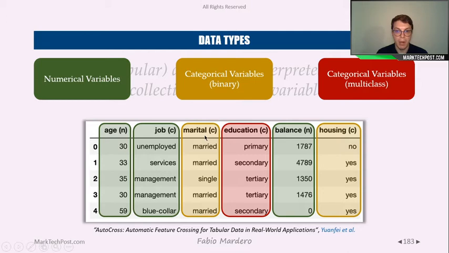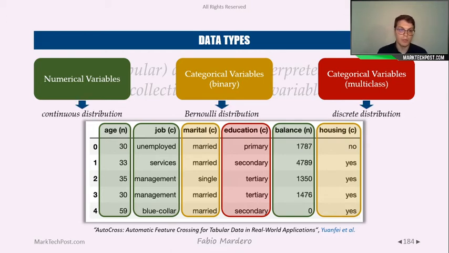The marital and the housing are binary variables because it's yes or no, married or single. There's no third option. And the job and the education are multi-class. The job could be services, management, blue collar, unemployed. The same for education: primary, secondary, tertiary, and so on.